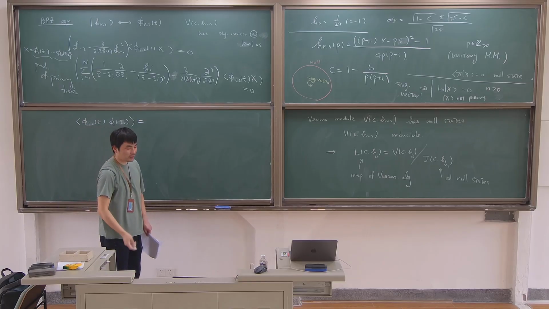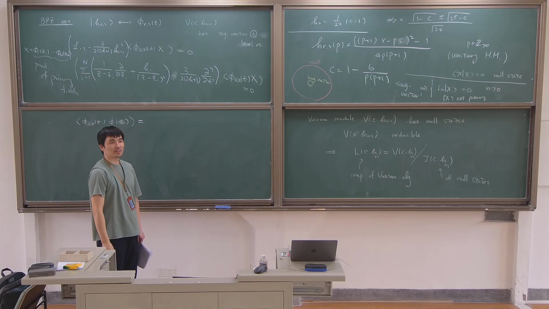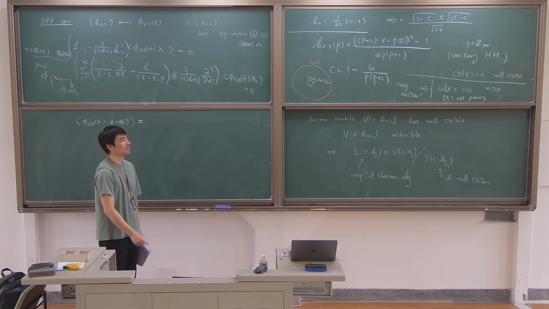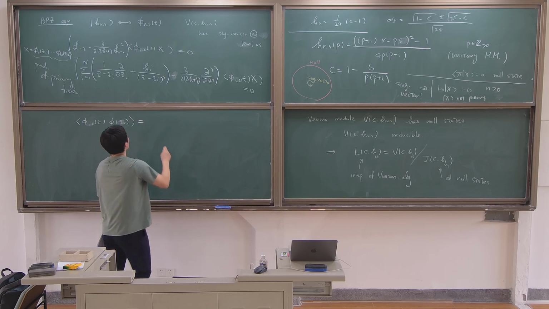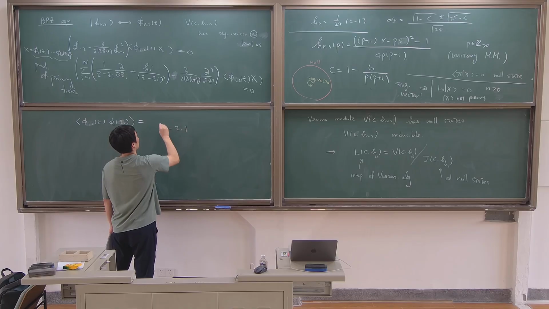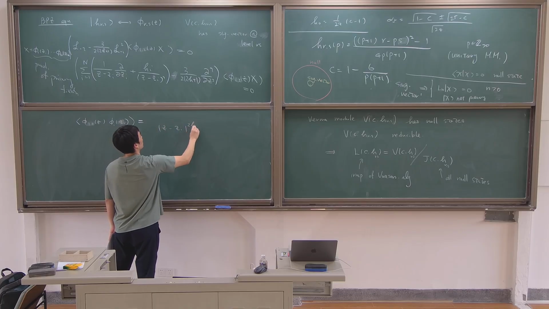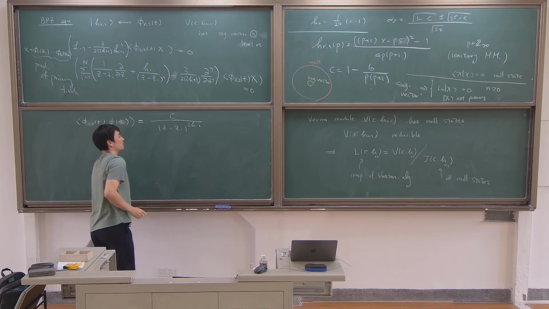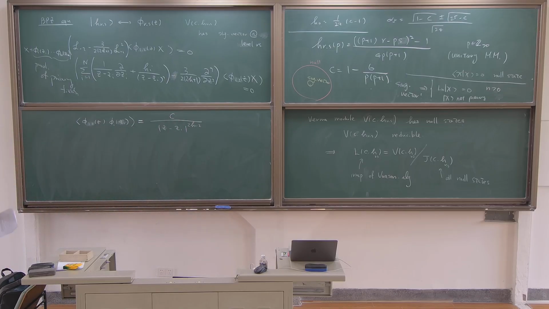Conformal invariance would determine this two-point function, and that will give you a constant over (z-w)^{2h}. That we already knew.